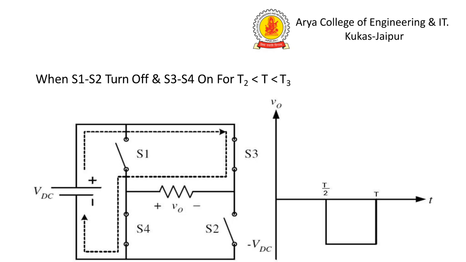When S1 and S2 are turned off and S3 and S4 are turned on, S1 is open circuit, S3 is closed and S4 is closed.